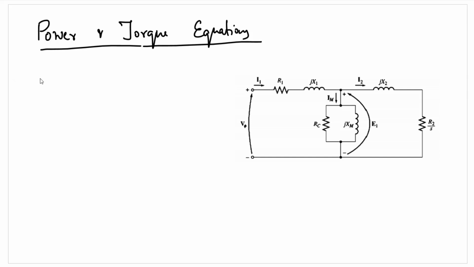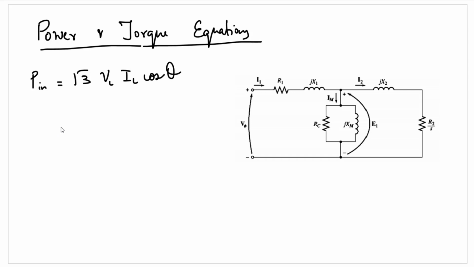We now know that in a three-phase induction motor, the input power is given by the equation P in equals root 3 VL IL cos theta 1.